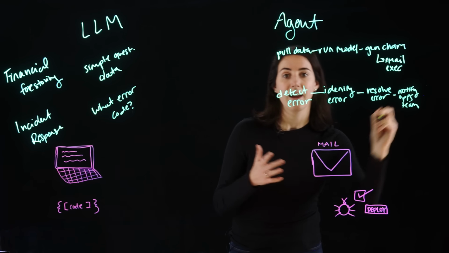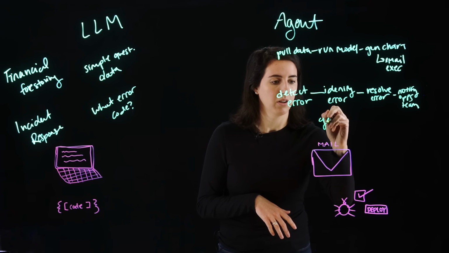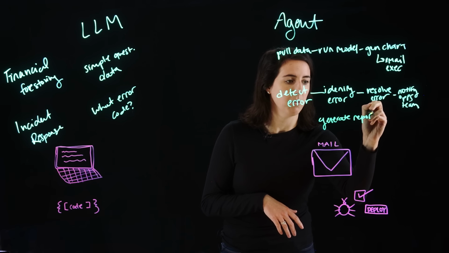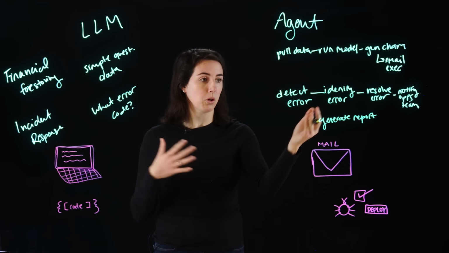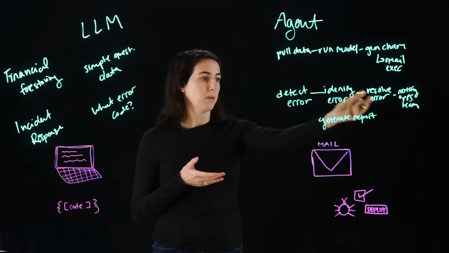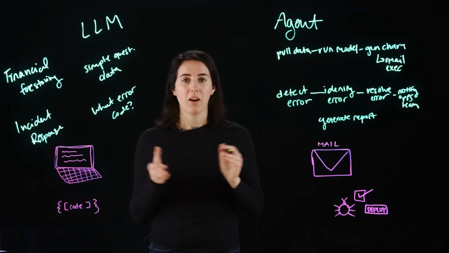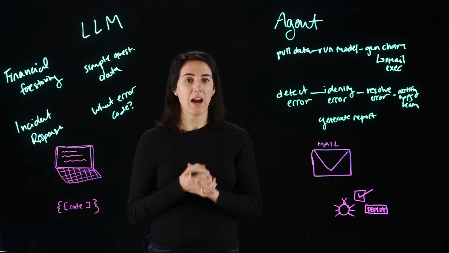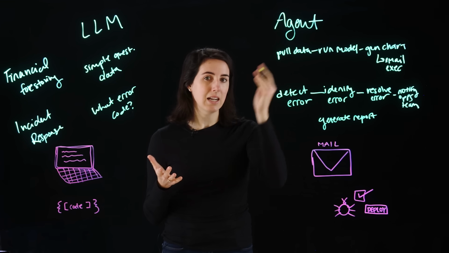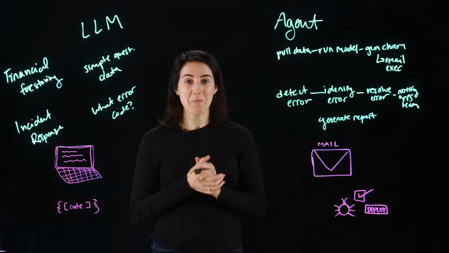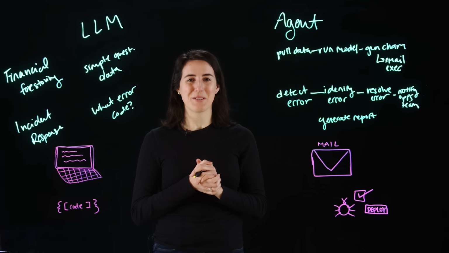And maybe even at the end, we want to actually generate a report. So many more steps in this process, more complexity, potentially calling of tools, good use case for an agent. So next time you're building with AI, ask, do I really need an agent or will a simple LLM do? And remember, simple is powerful.